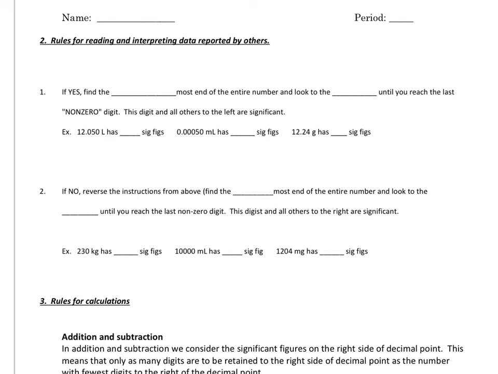The shorter method is you check whether your number has a decimal point or not. So you ask yourself, do you have a decimal point in your number? Do you see a dot?